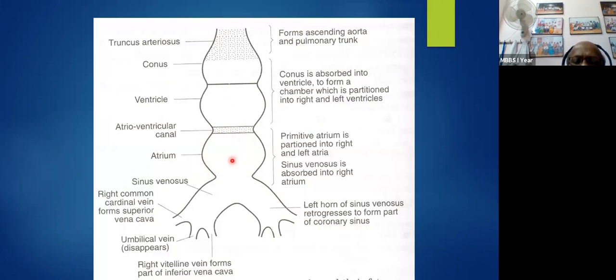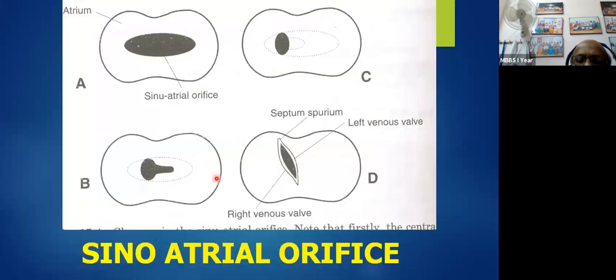Here you will have formation of a septum. The right half comes to the right atrium, the left half comes to the left atrium, but there are some differences that I will tell later on. So the right half of the primitive atrial chamber forms the anterior rough part of the right atrium.